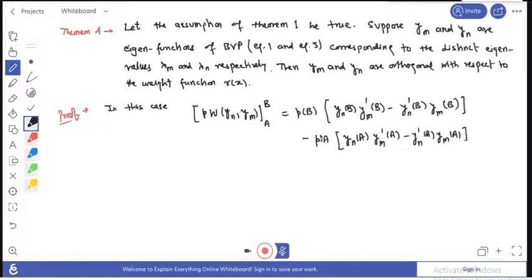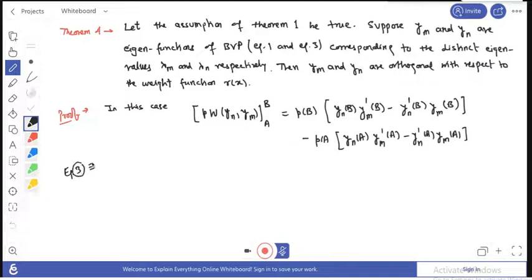Now you check that this expression is 0 once we use the periodic condition, that is, condition 3.